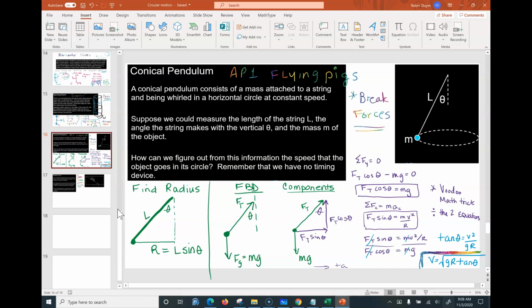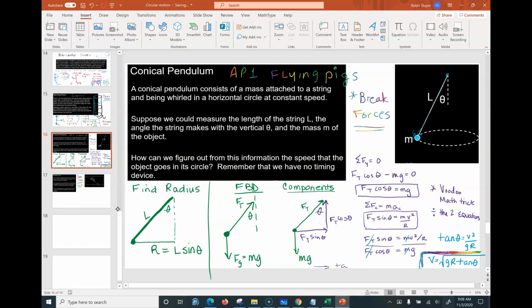So the idea is for a flying pig lab, this little guy flying around from a string was this cute little piggy, right? And he was tied to a string, harnessed up here, and he would travel in this horizontal circle. Well, this is really called a conical pendulum, and it's a classic physics problem as well.